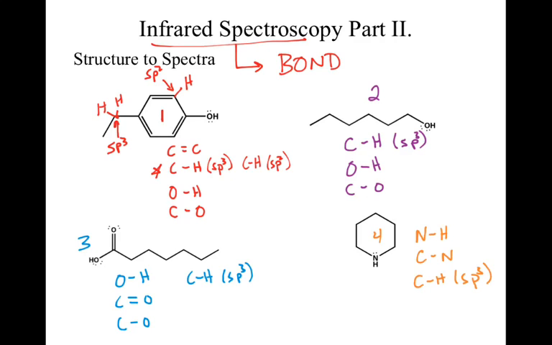Okay? Now that we've identified all of the bonds that we see in this, we can now try and propagate this out because maybe we don't care about some of these bonds. So what I would go through and do is now compare these 4 structures. And these 4 structures should look familiar to you, particularly if you've been working on that IR lab assignment. I see CH-sp3s in all of these.